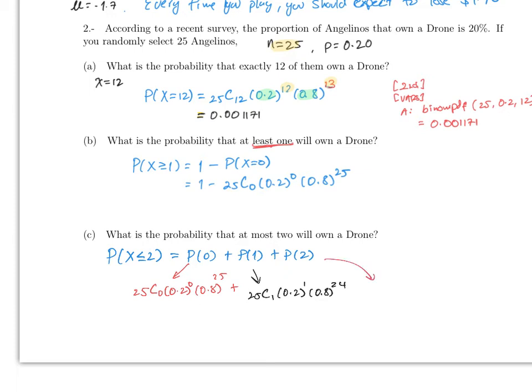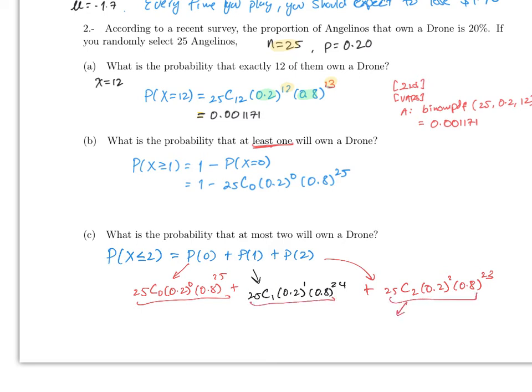And what about finally the 2? Anybody, what would this be? 25 choose 2, and then 0.2 to which power? 2. And then 0.8 to which power? 23. See? I told you it was a piece of cake. And then you can just use a calculator to simplify each of them if you want to get a numerical answer.